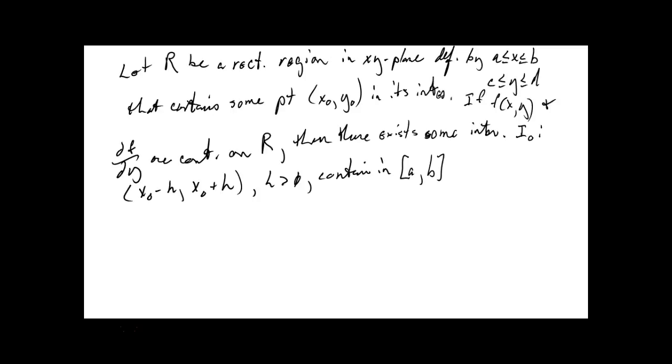If it was b, this one's going to be outside. So you have to have x0, y0 in the interior so you can have some small positive h that fits. A little nitpicky point, but it's true.